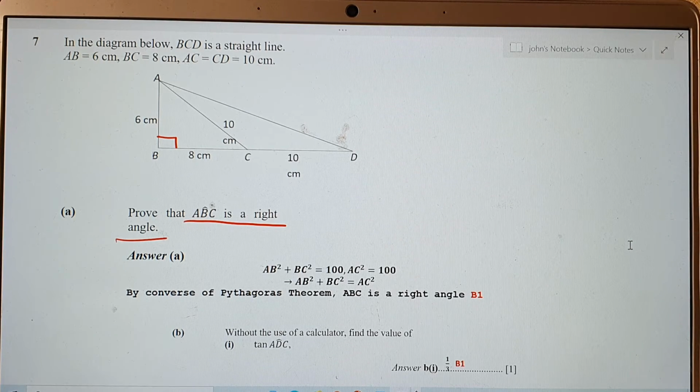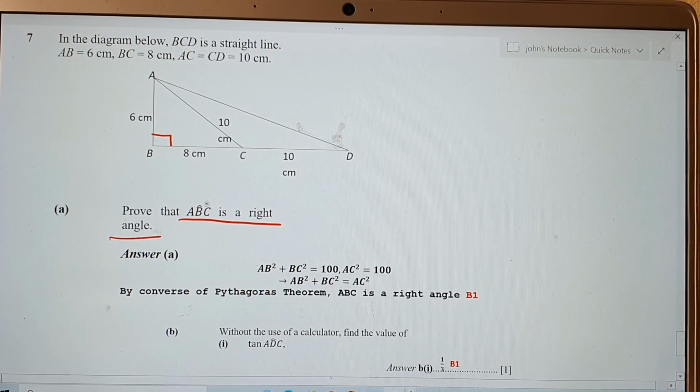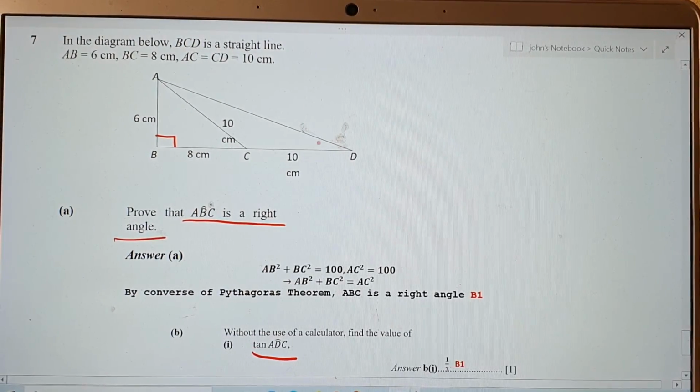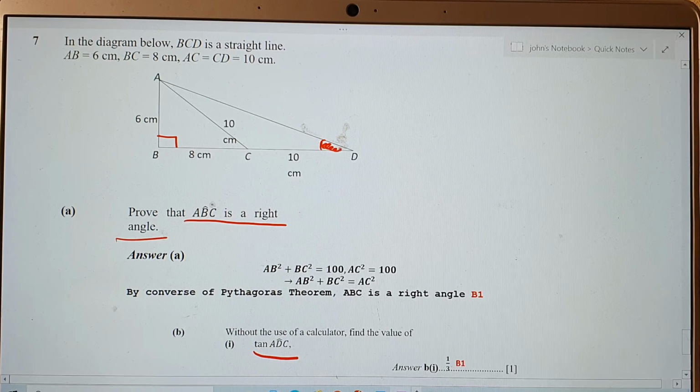So how to do it? Basically it's very simple, tangent ADC, right? Where is ADC? You locate the angle first. Here, right? And this angle can either belong to this triangle, the non-right angle triangle, or this triangle, correct?